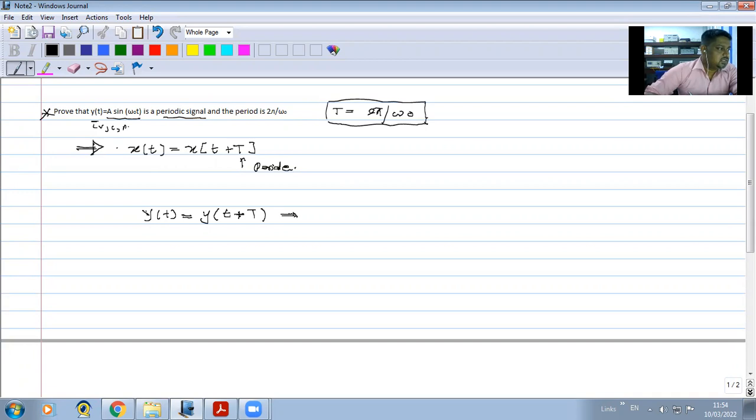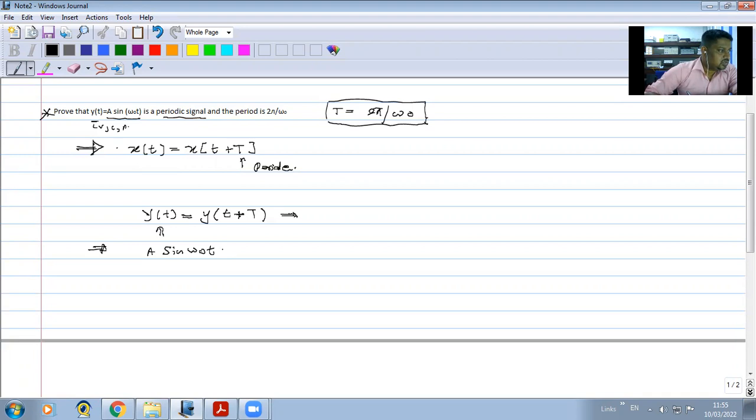If we substitute and write it again, we will get this kind of expression. We have sine omega naught t, that is y(t).